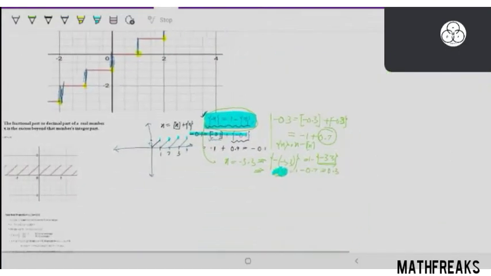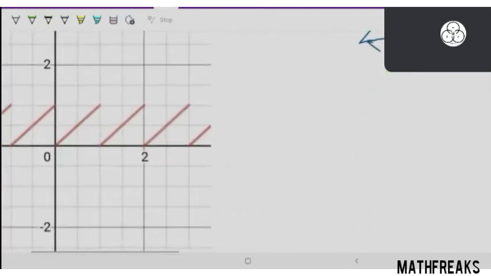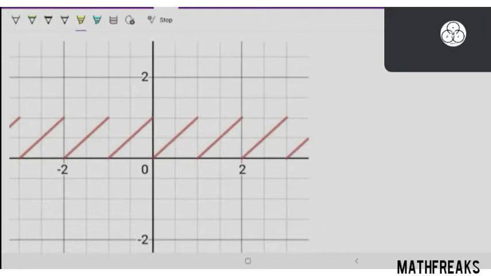Now let us again focus on the graph. This is the graph. We have already shown it. Now for the negative numbers also this will be clear. These are the points where the graphs are discontinuous, right at the integral points, because for integral values the value of the graph becomes 0.